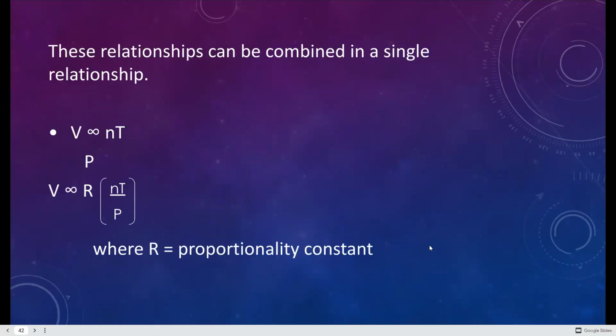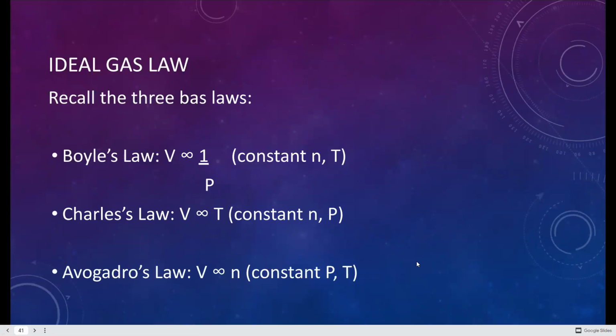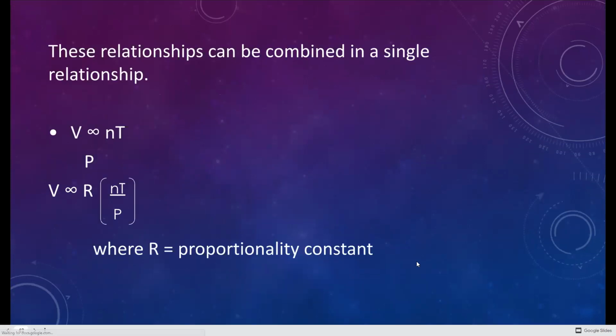Let's move now to the ideal gas law. If we combine all those laws by Avogadro, Boyle, and Charles, we can create the ideal gas law, which is V is directly proportional to mole times temperature over pressure.